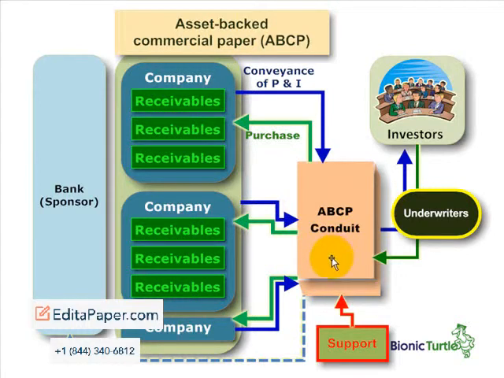This is the special purpose entity which is created, and that conduit purchases the receivables from the companies in exchange for an interest in those receivables, the conveyance of the principal and interest. So notice at this moment, the companies who have these short-term assets, these trade receivables, have monetized them because the conduit has purchased them.